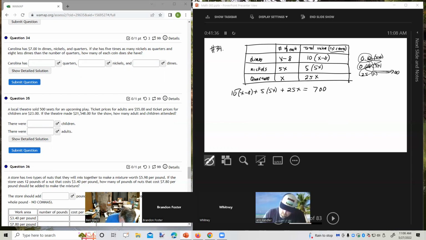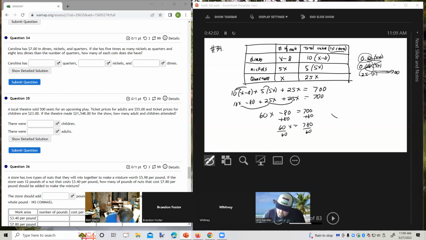All right. So what do I got? I've got 10X minus 80 plus 25X plus 25X equals 700. 25 plus 25 is 50 plus 10 is 60X minus 80 equals 700. Add 80 to both sides. 60X equals 780.